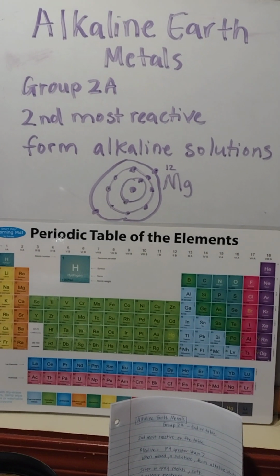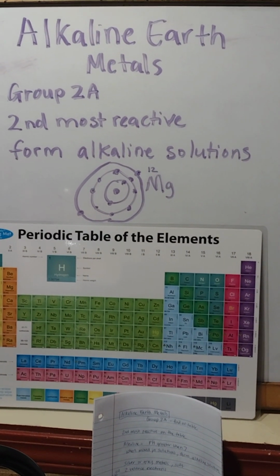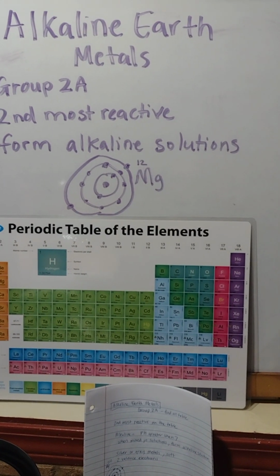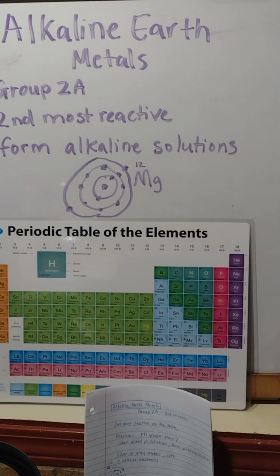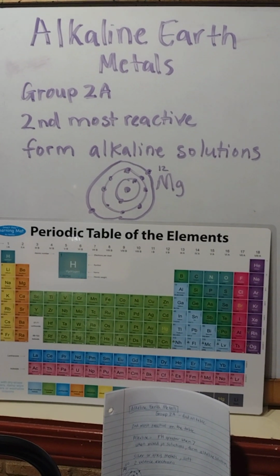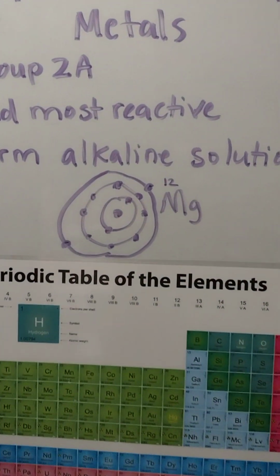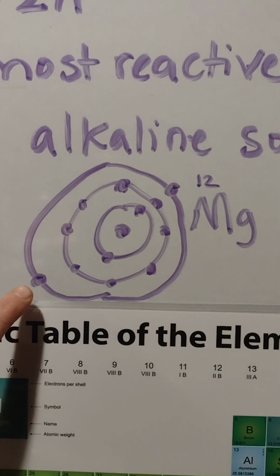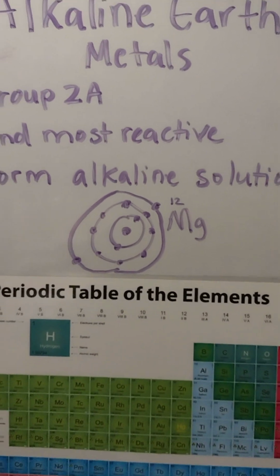When they're mixed in a solution, they form an alkaline solution. So that just means that they form a pH greater than 7 when mixed in solutions. They're silver or gray metals, they're soft metals, and then I drew a picture of magnesium to just show you it has 3 energy levels, but on the outermost energy level it has 2 valence electrons.